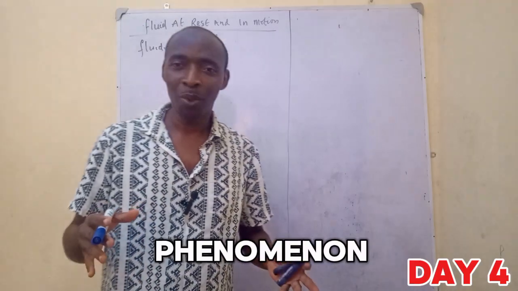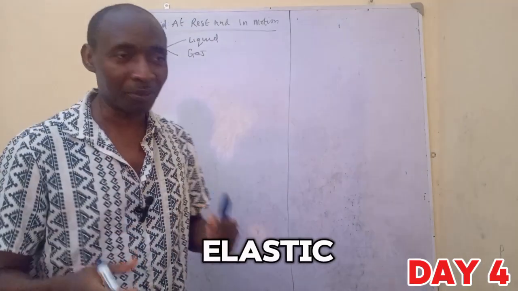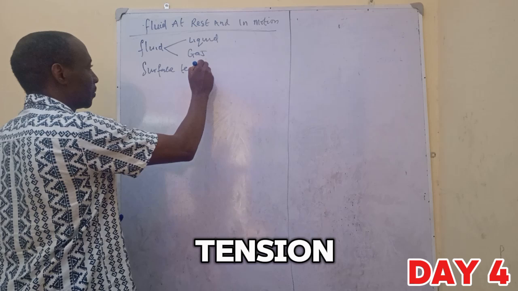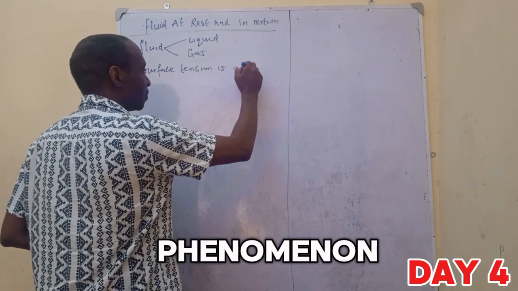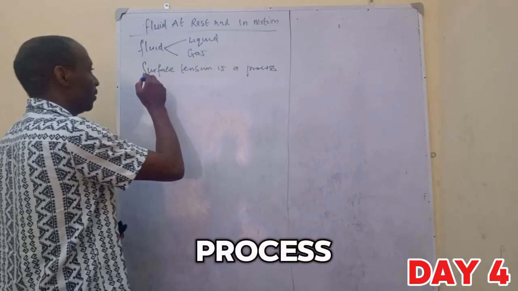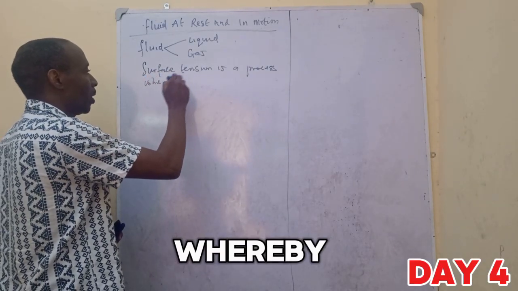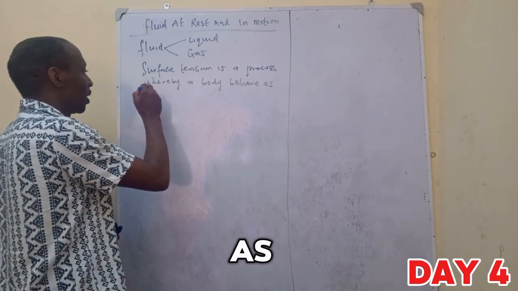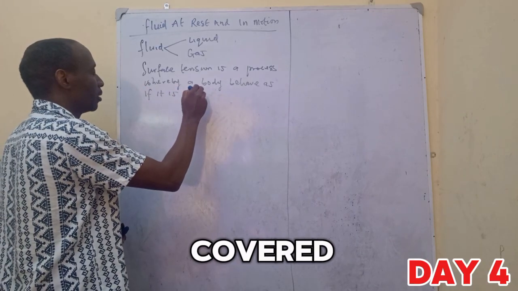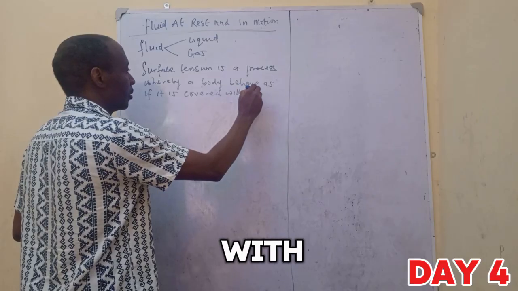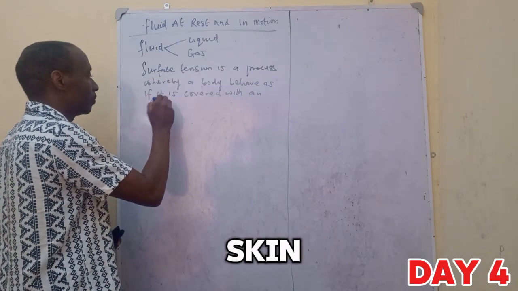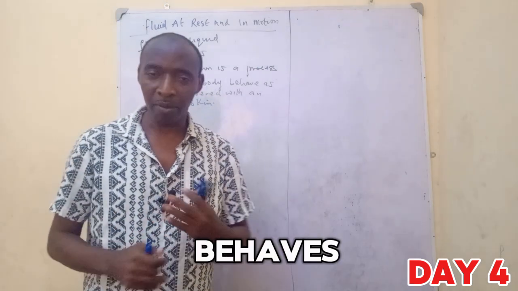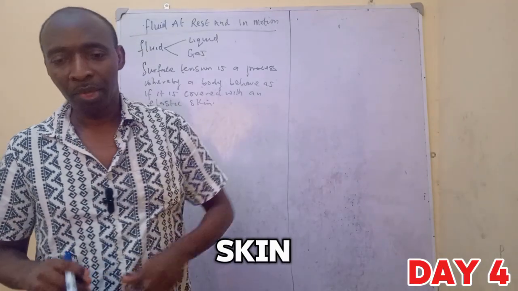So let's put it down. Surface tension: you can say it's a process or a phenomenon whereby a body behaves as if it is covered with an elastic skin.